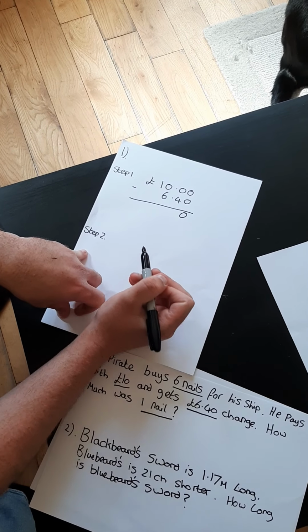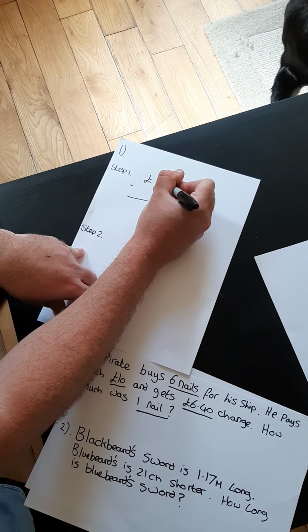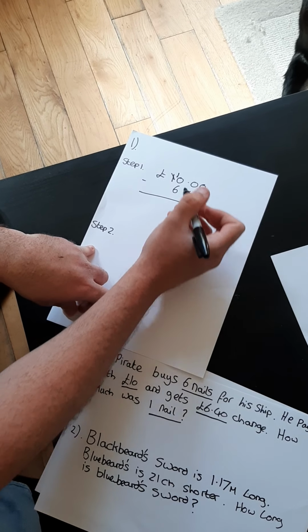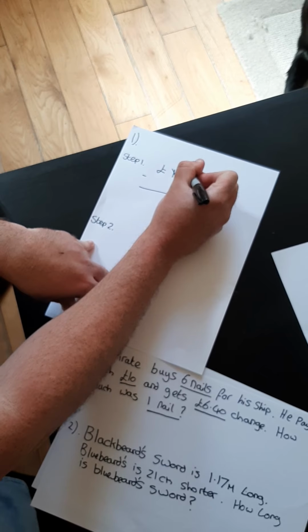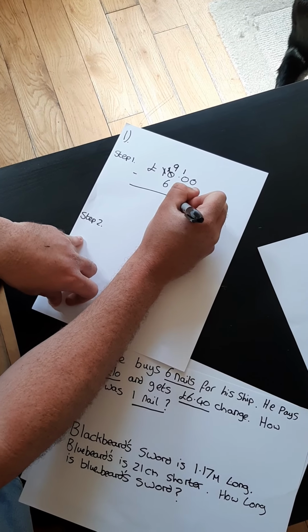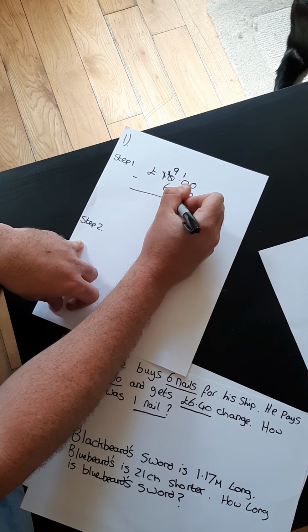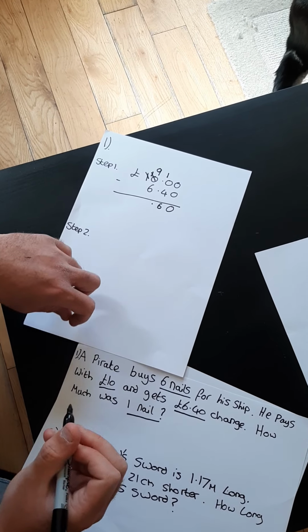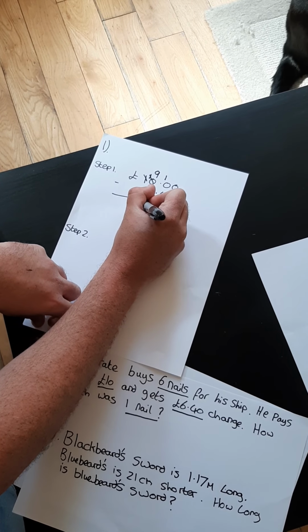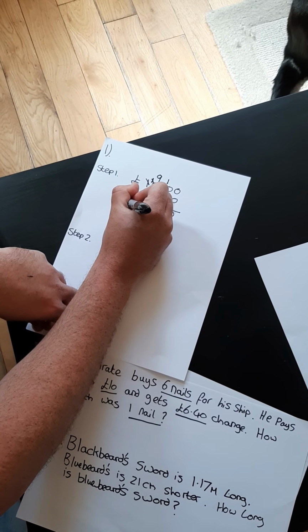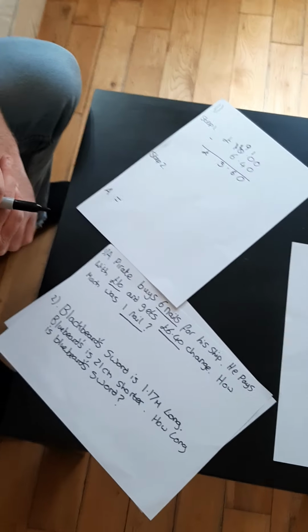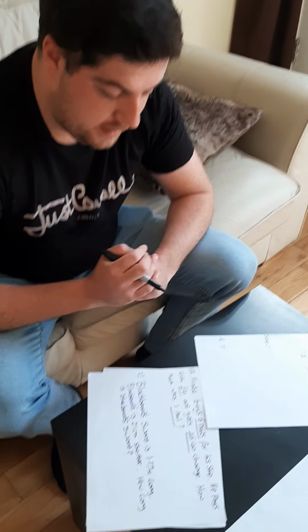There's nothing to exchange from next door, so we'll go next door to that. Now we have 10, so we can exchange from that. Now we can do 10 take away 4, which we know is 6. Don't forget to put your decimal place in because your decimal place never moves. And then 9 take away 6 is 3. So we know that £3.60 is the total cost for 6 nails.